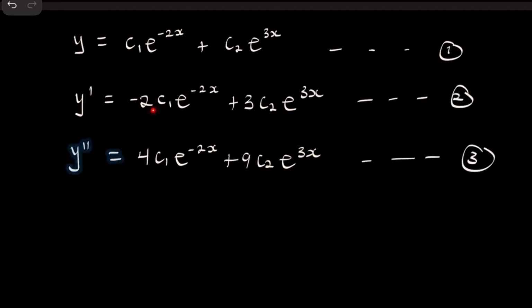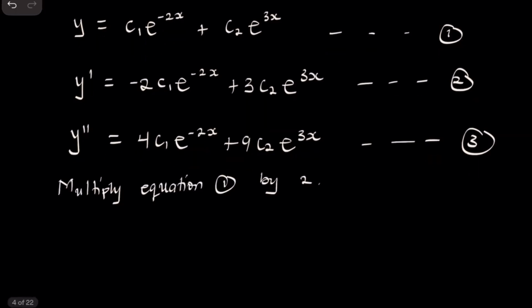Let's focus on equation 1 and equation 2. Suppose we want to eliminate c1 from both equations. We have to multiply equation 1 by 2, so that we are going to have 2y, then 2c1 e^(-2x), then 2c2 e^(3x). In that case, when we add equation 1 to equation 2, these two terms will cancel out. So now let's multiply equation 1 by 2.